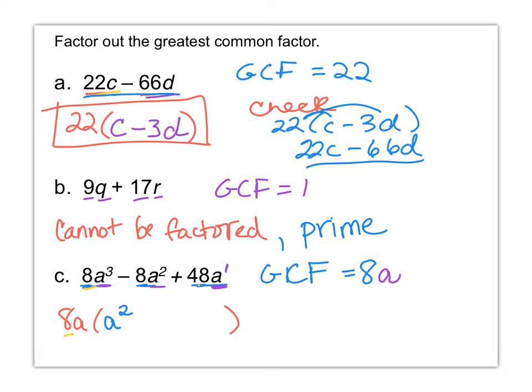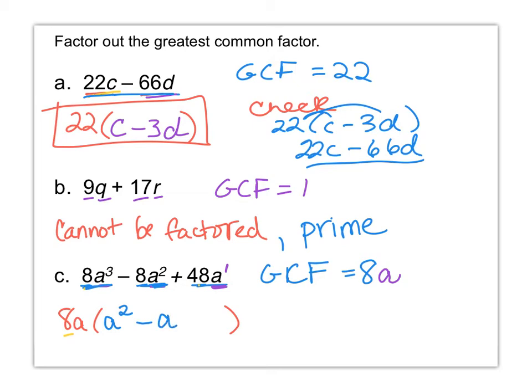Now you can do a quick check here. If you were to multiply 8a times a squared, the result would be 8a cubed. For the second term in the parentheses, we're dividing the minus 8 by positive 8, and that's going to give us a minus 1, or minus a in this case, because we're also dividing a squared by a, an a to the first, and that will give us a single a.